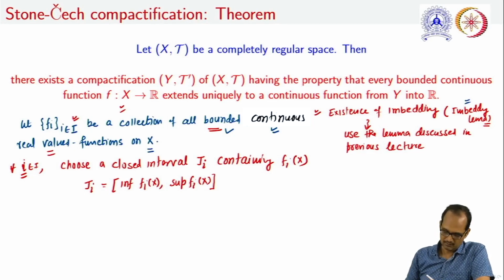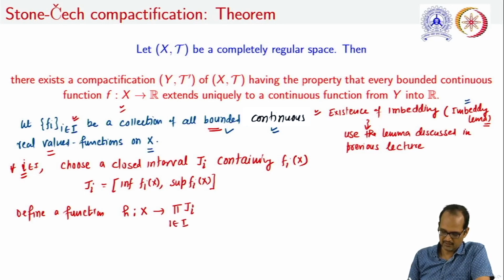Now with this interval, let us define a function. So how to define a function? We are defining a function h from this topological space X to the product of these closed intervals Ji, i belongs to the index set.